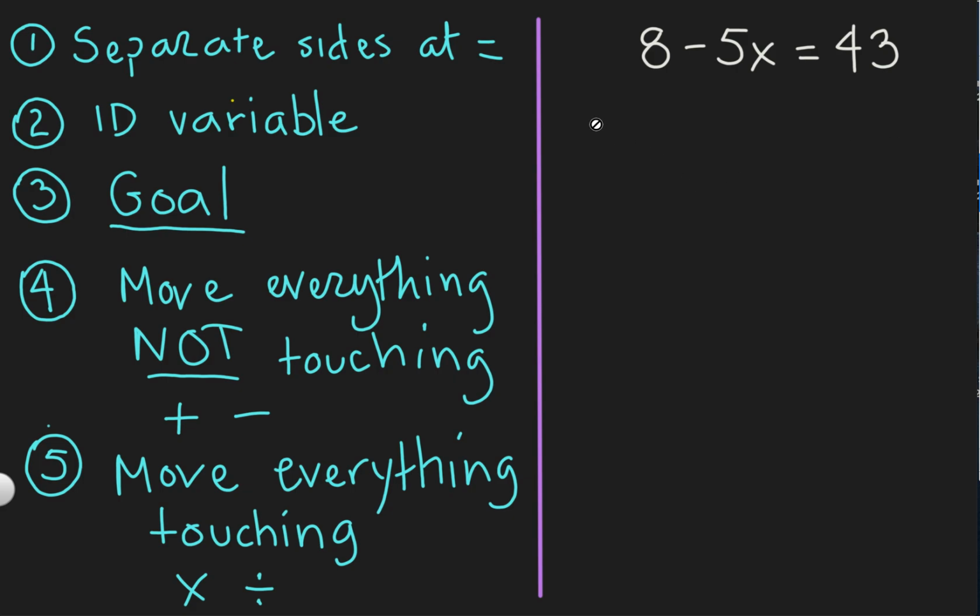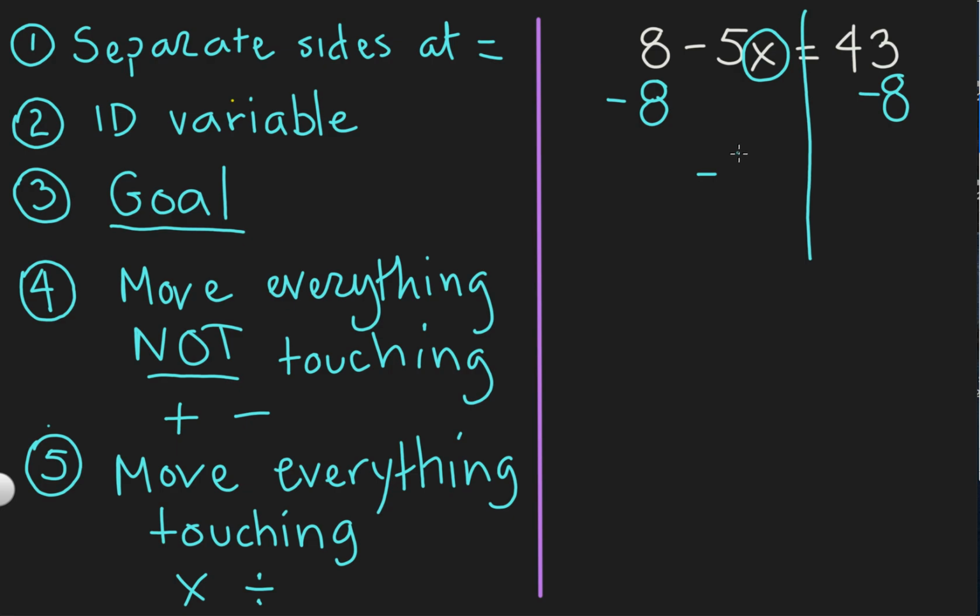Last example here. So again, we separate our sides. We find the variable. We're going to move everything that doesn't touch the x first. So that's this positive 8. I apply the opposite of positive 8, which is negative 8.